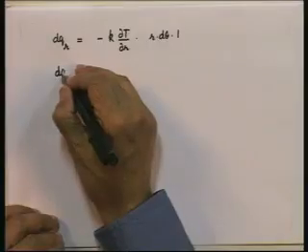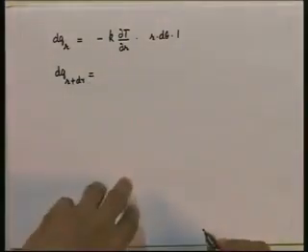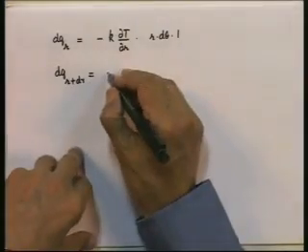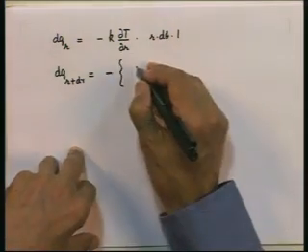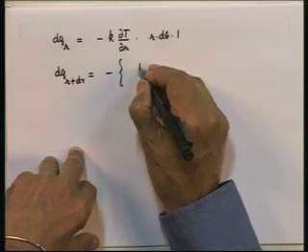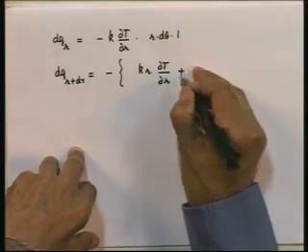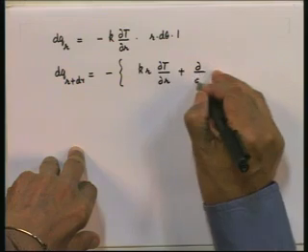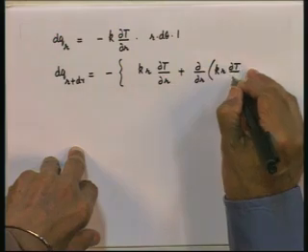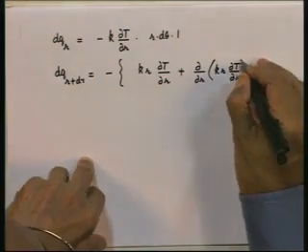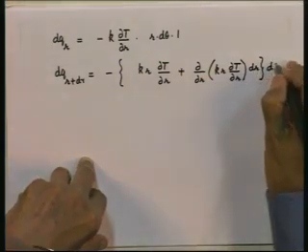dqr plus dr will be equal to minus k r dt dr plus d dr of k r dt dr into the distance I have moved dr, the whole thing multiplied by d theta.